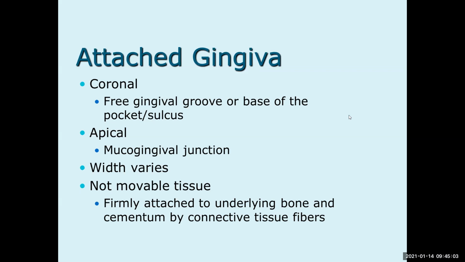So those are, again, questions that we want you to know. It's thickest on the maxillary anterior, thinnest in the mandibular premolar area with the frenum attachment. It's also usually very thick on the mandibular posterior linguals. So these are the generalizations.